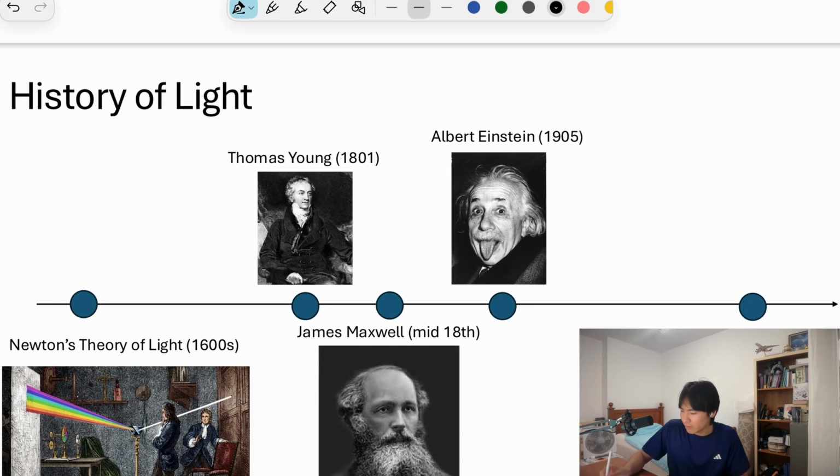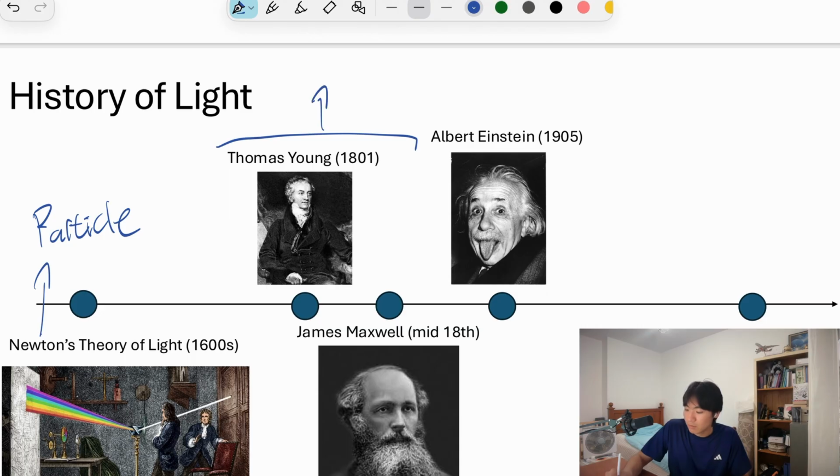So how does it happen? Newton believed particle. Thomas Young and James Maxwell believed wave, that light is a wave. Albert Einstein said actually light is both.